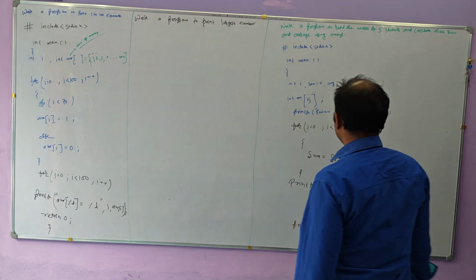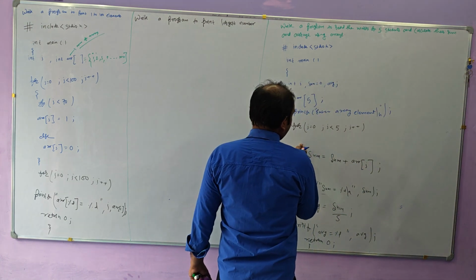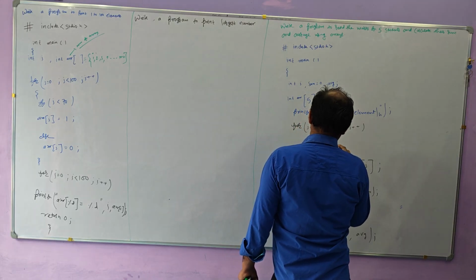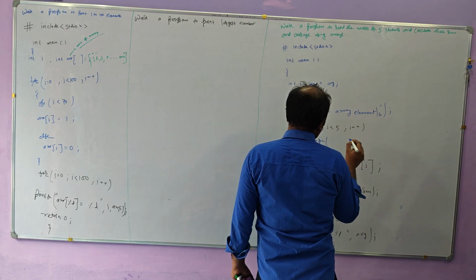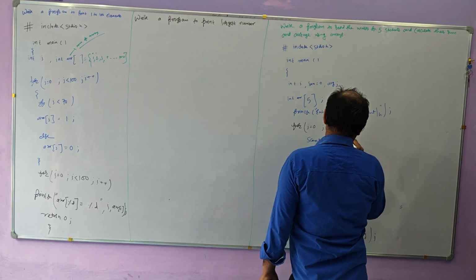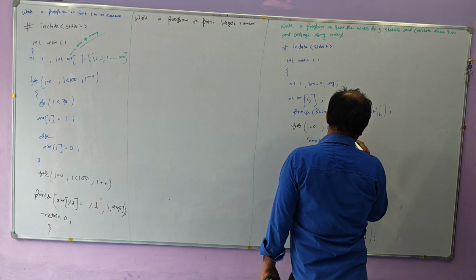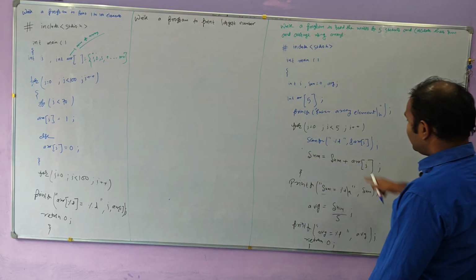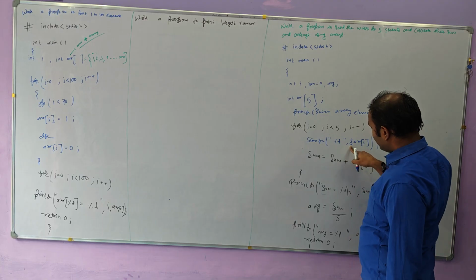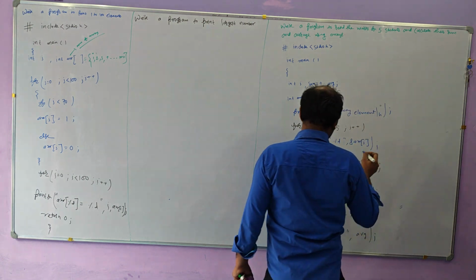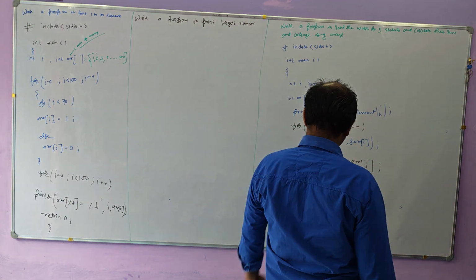Then for I is equal to 0, take scanf, %d, address of AR of I. That's it. It will take input. We need to use the address of operator while we are taking input from the keyboard.